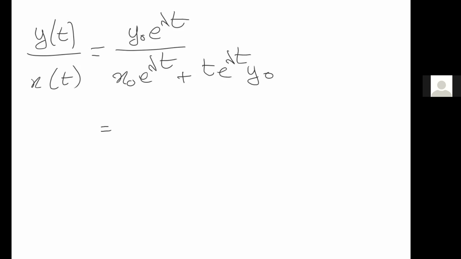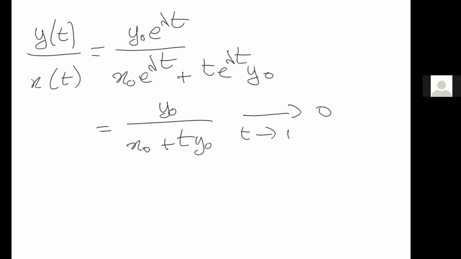And I can simplify by exponential lambda t, so I get y0 divided by x0 plus t y0, and this is going to 0 when t is going to plus infinity. All right, so this means that the trajectories are tangent to the x-axis in the neighborhood of (0, 0).